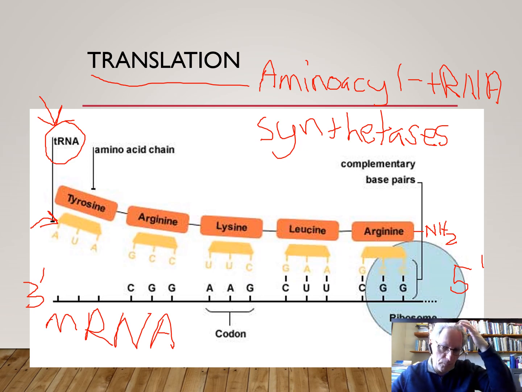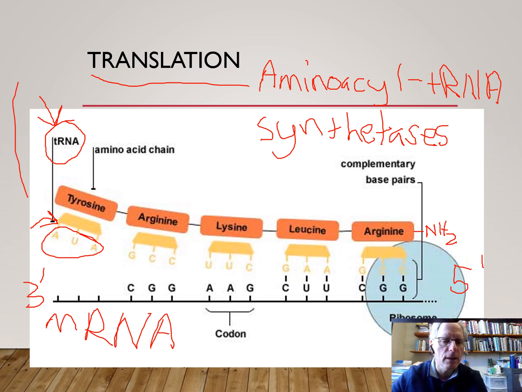So these enzymes, there's one specific enzyme for each amino acid and its cognate tRNA. They read this sequence here on the tRNA. This sequence here is called the anticodon sequence. And then they read the acceptor loop, and they attach the amino acid to the appropriate tRNA.